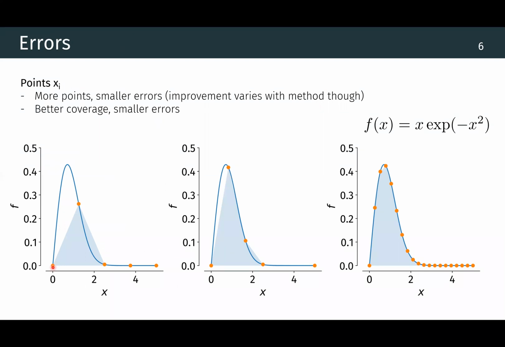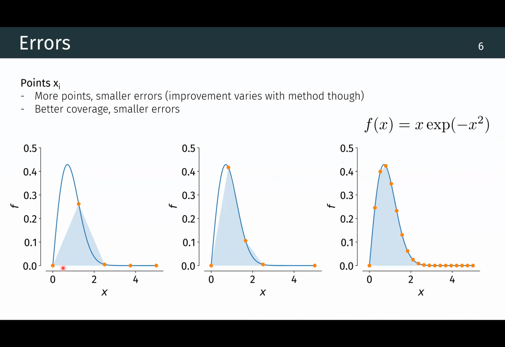Now, if you evaluate the points and interpolate linearly between those, then depending on how you go about it, you get different kind of accuracy. So if your interpolation would be perfect, then the shaded area that you see here, this triangle, would be the same as the integral of that function, which obviously isn't.